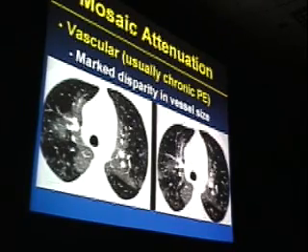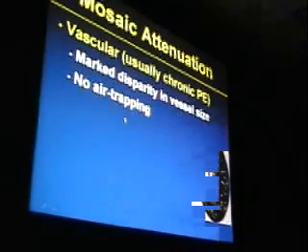One, the areas of differential attenuation will be quite marked and usually quite obvious on inspiratory high-res CT scans. Secondly, the disparity in vessel size will typically be quite marked and quite obvious, as in this particular case. So very obvious differences in lung attenuation, very obvious differences in size of vessels, suggests a vascular etiology, usually going to be chronic pulmonary embolism.